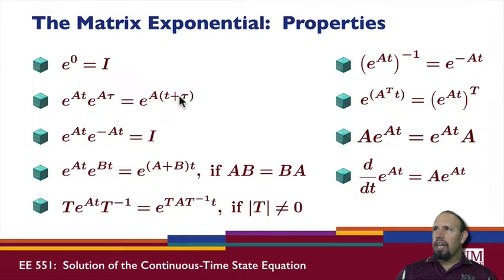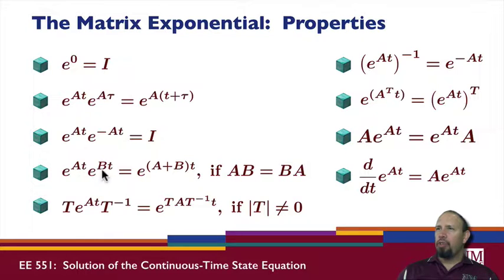So if I let tau equal minus t, then I have e to the 0, which gives me the identity. So this property leads to this property here, that the inverse of e to the At is e to the minus At. So those two properties are the same.